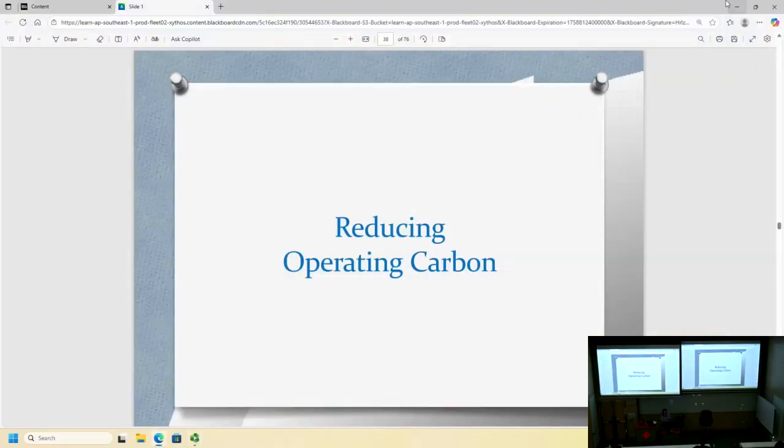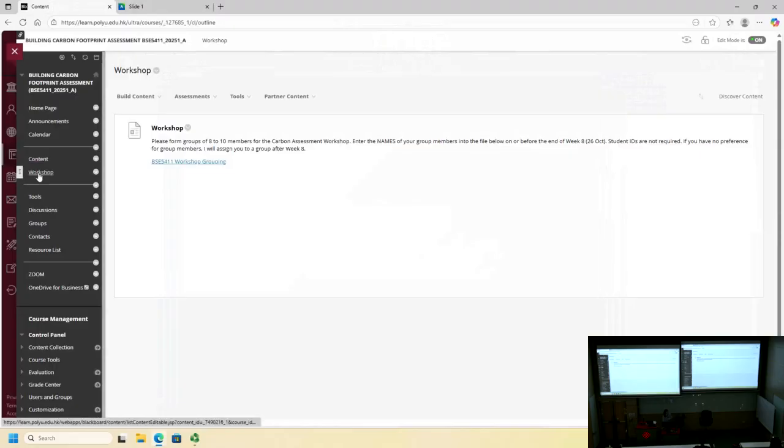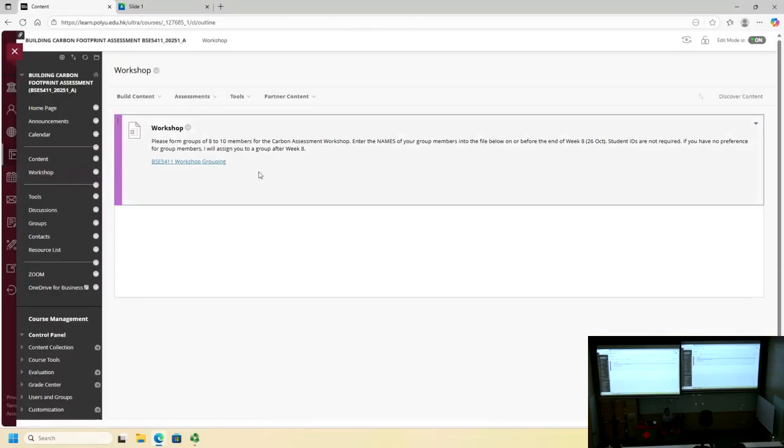For the grouping, if you go to the Blackboard workshop, you can see the link to the Google Sheet. I think it's week 12. By the end of the semester, you need to do a group assignment about the carbon footprint assessment.